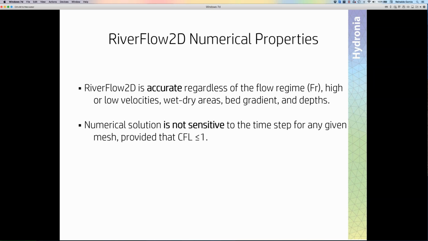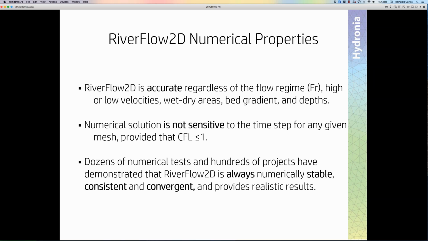The numerical solution is not sensitive to obscure parameters or even numerical parameters such as the Courant number. And there are dozens of numerical tests and hundreds of projects that demonstrate that the model is always numerically stable and consistent, providing realistic results for real projects.